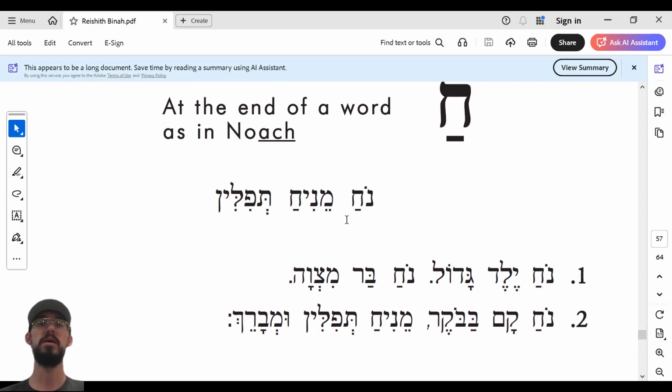So once again, Noach, meniach, tefillin. And the meaning of that will be Noach, Noah; meniach is putting; tefillin, which are the phylacteries. So meniach is to put or to place, and this is usually the verb that's being used with the phylacteries.